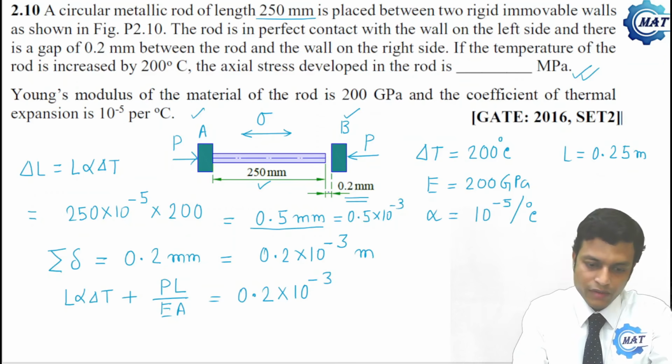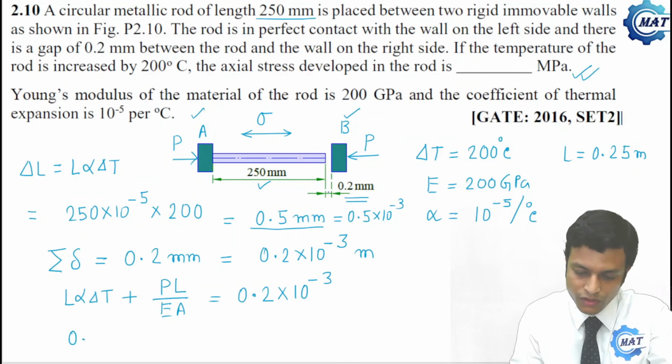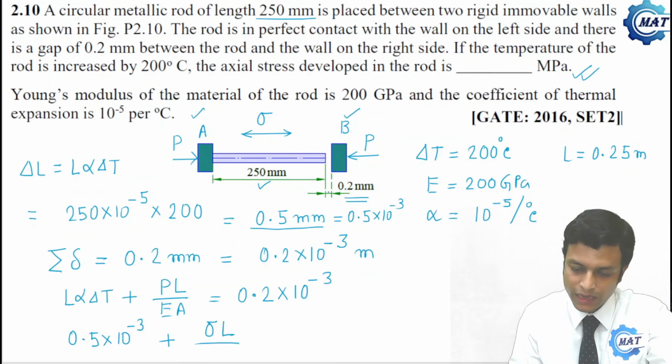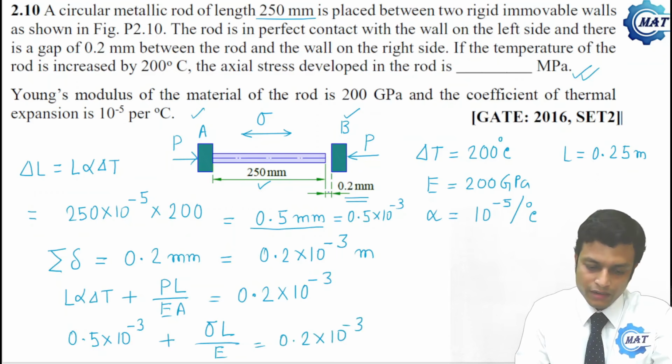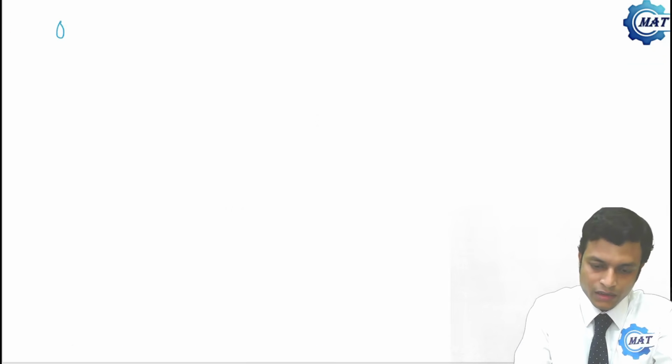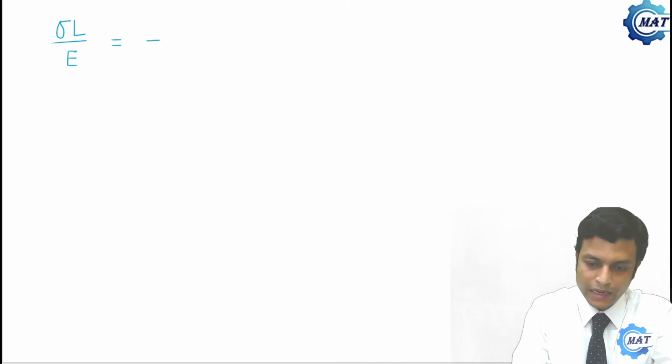So 0.5 into 10 to the power minus 3 plus P by A, that is sigma, so sigma L by E is 0.2 into 10 to the power minus 3. Let me calculate it. Sigma L by E is minus 0.3 into 10 to the power minus 3.